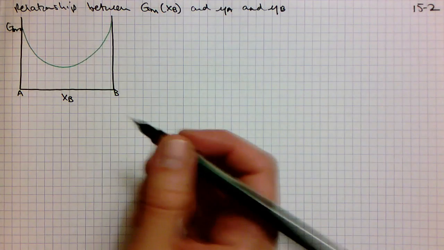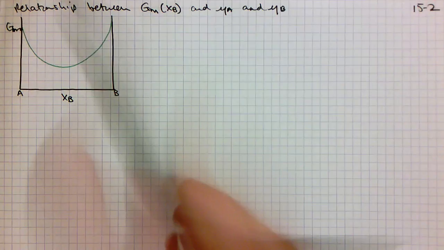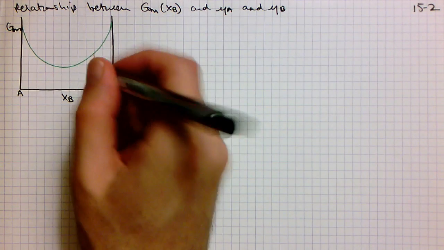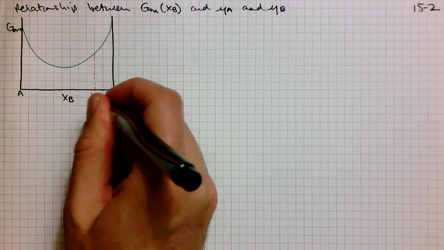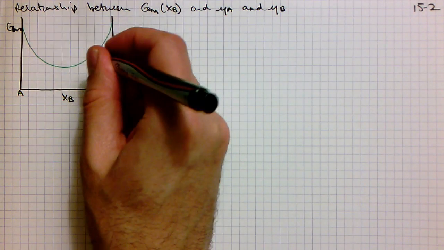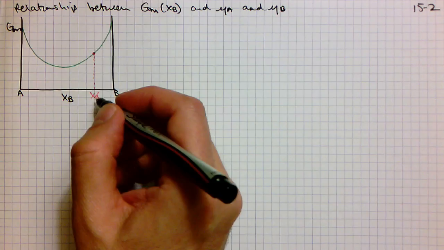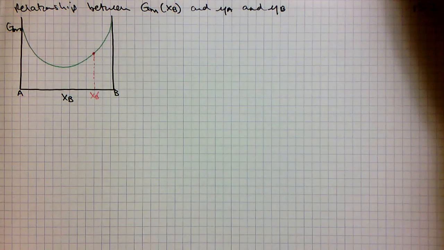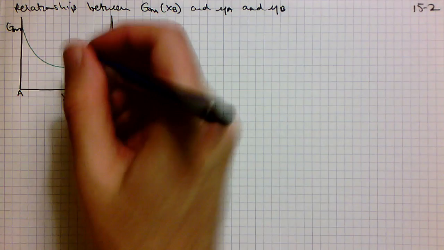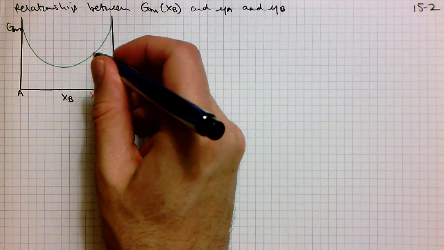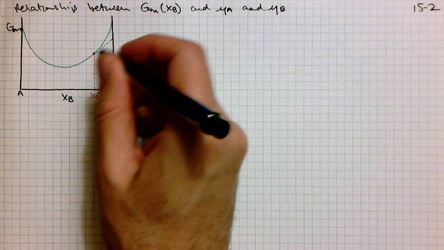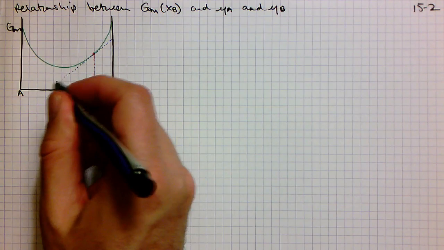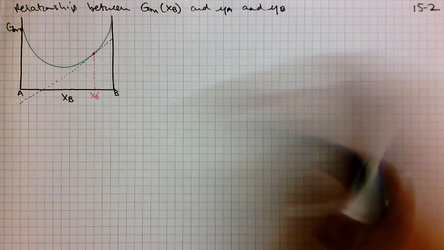And if we look at any particular value of xb, so let's say we pick a concentration here, xb prime, right? We could read off a value of gm that's appropriate for xb prime, and it turns out what we can do at this point is draw a tangent line that goes through xb prime and is tangent to gm, right? And we could extend that in both directions.